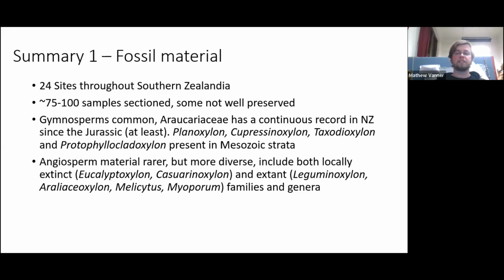Planoxylon, Casuarinoxylon, Taxodioxylon, and Protophylloclinoxylon are all present in Mesozoic strata. While the angiosperm record is rarer, it is also more diverse and includes both locally extinct and locally extant material.